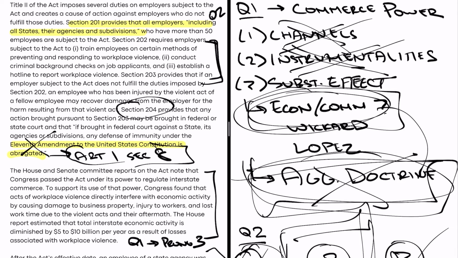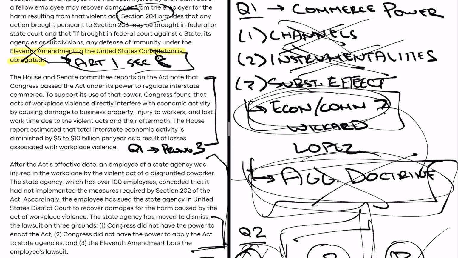Here, what Congress is trying to say, what they're pointing out in this whole paragraph is, yeah, we might not be regulating the channels or instrumentalities directly of interstate commerce, but we are in the aggregate regulating activity that has a substantial effect on interstate commerce. And they talk about what the effect of workplace violence is on interstate commerce, right? Congress found that the acts of workplace violence directly interfere with economic activity by causing damage to business property, injury to workers, and lost work time due to the violent acts in their aftermath.